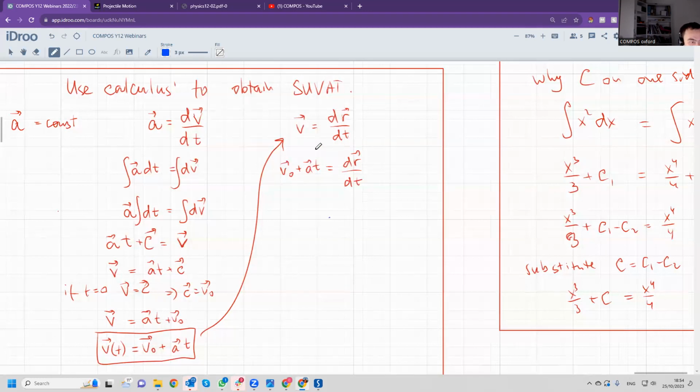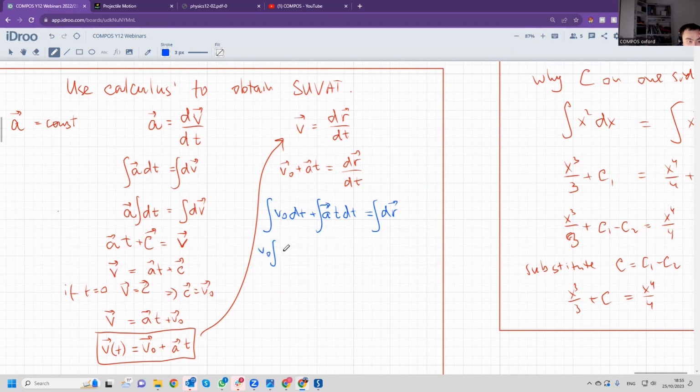Right, so I'm going to multiply by dt. So v0 dt plus at dt equals dr. And we integrate. Here v0 is a constant because it's the initial velocity. It doesn't change, it doesn't depend on time.